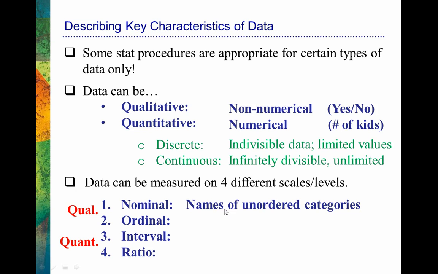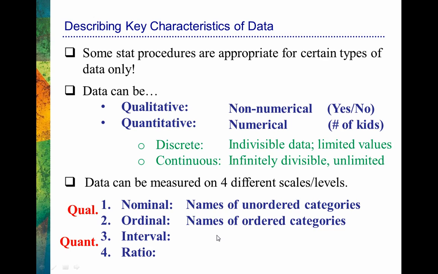Okay, so let's move to the next type of scale that actually has more meaning, an ordinal scale. And you can probably see from the name ordinal that we're dealing with ordered categories now. So now we're just dealing with names of categories that can be ordered. So now let's say I'm doing some research and I'm asking people about the type of car they drive. And I want them to respond by placing their car in one of these categories.